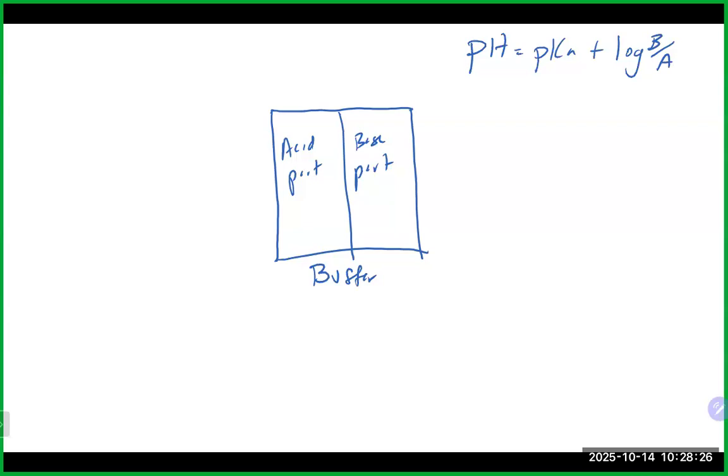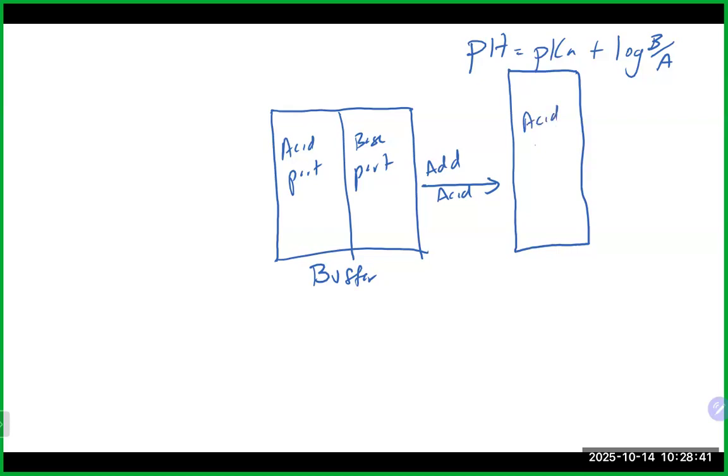And what we see here is if you add acid to this buffer, it is going to react with the base part of the buffer, and, dramatically drawn here, it is going to increase the acid part of your buffer, and it's going to decrease your base part of your buffer, right?